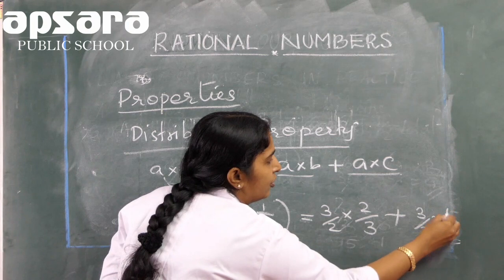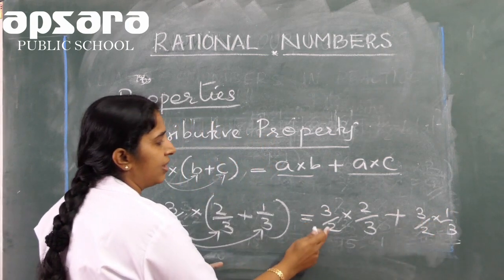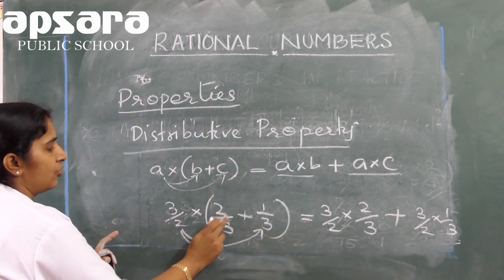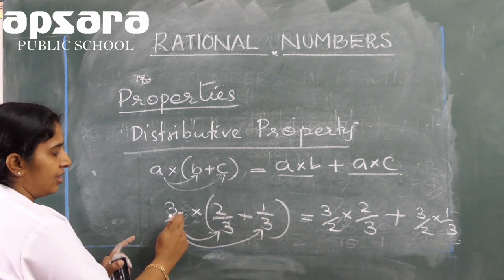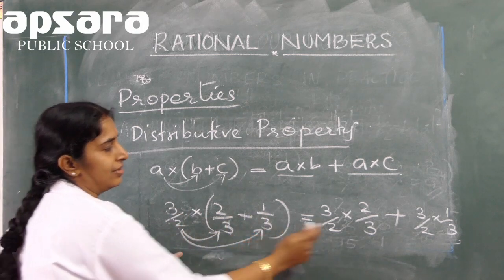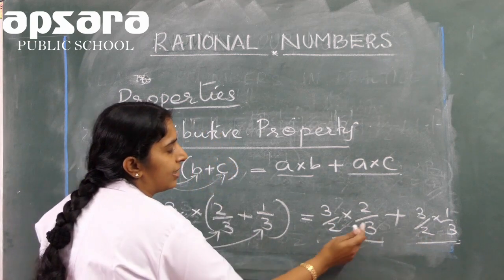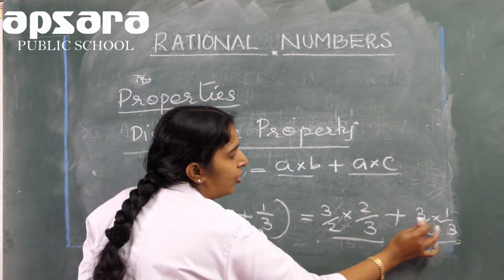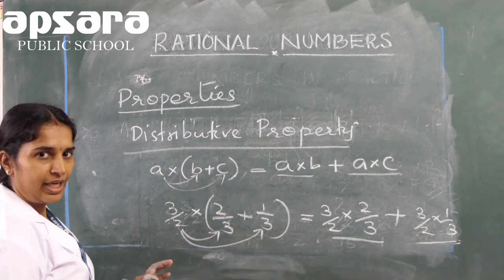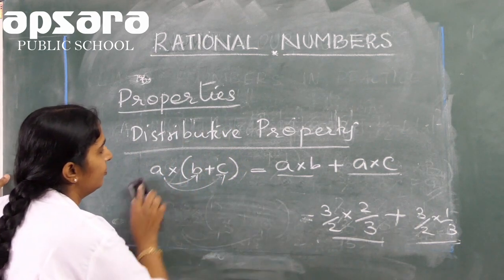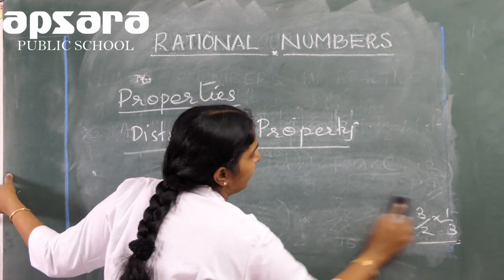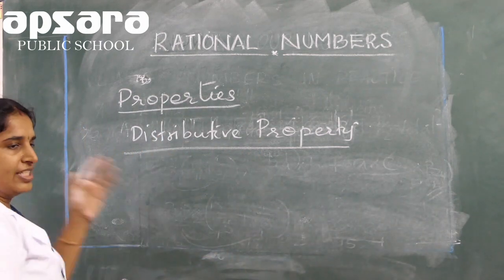You have to multiply these two and add with the product of those two. Okay. This is distributivity of multiplication over addition.